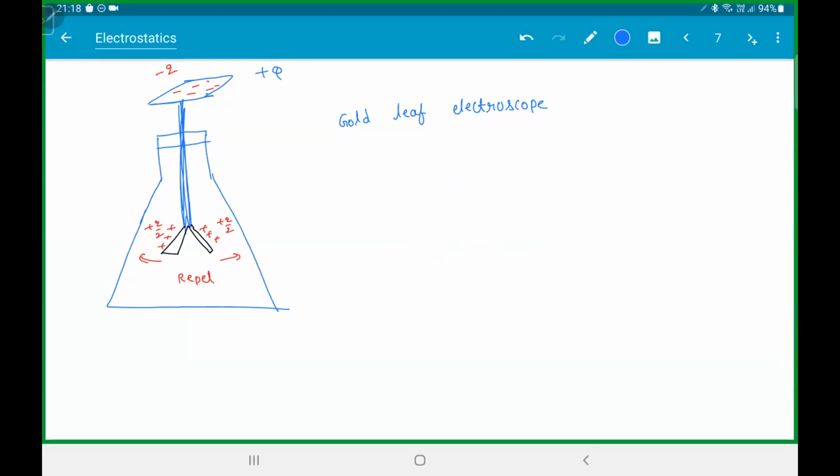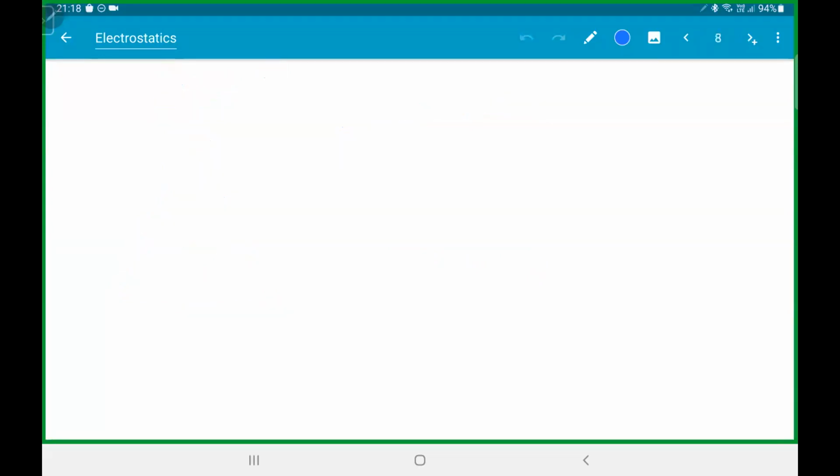So let's see a question and then we will go for a little more theory. Let's say we have 4 bodies here, A, B, C, and D. A is positive, given. A and B repel each other. B and C attract.